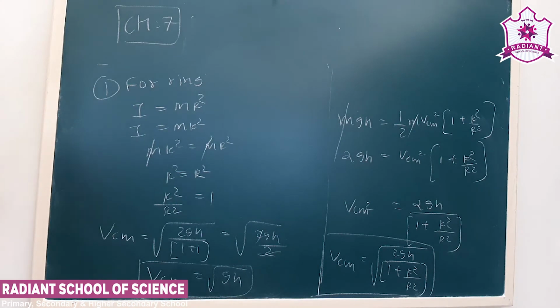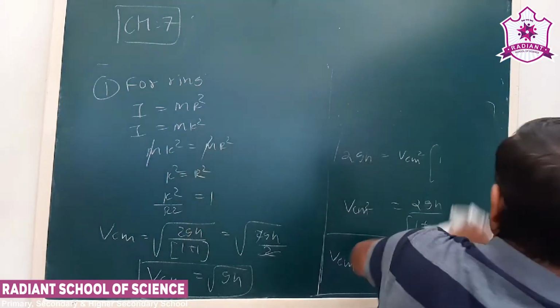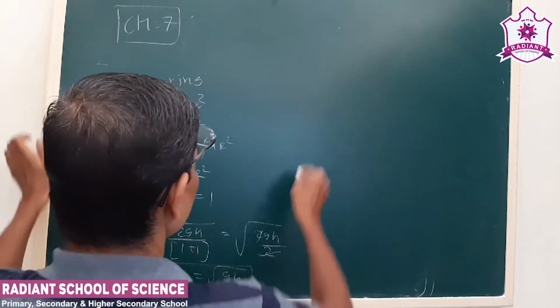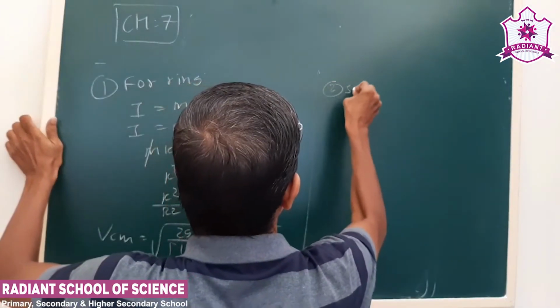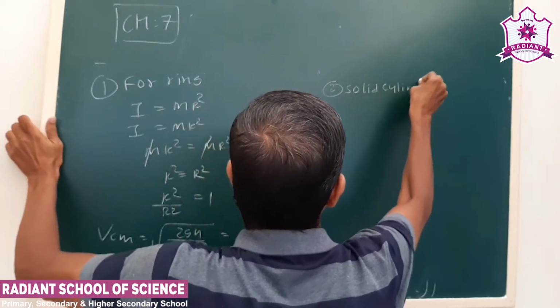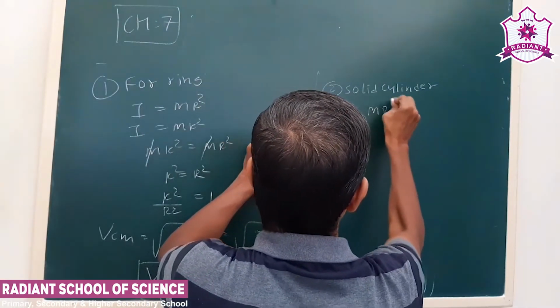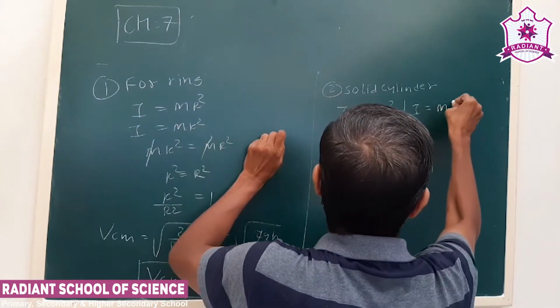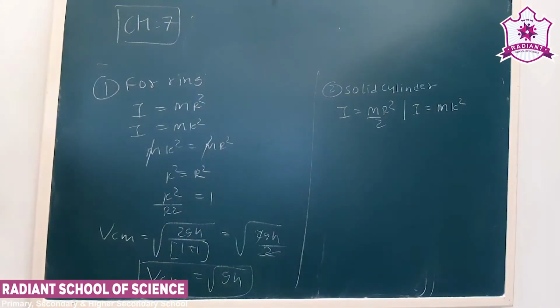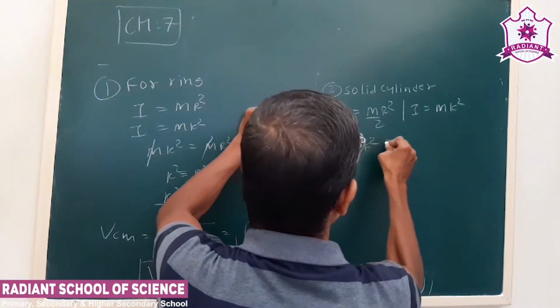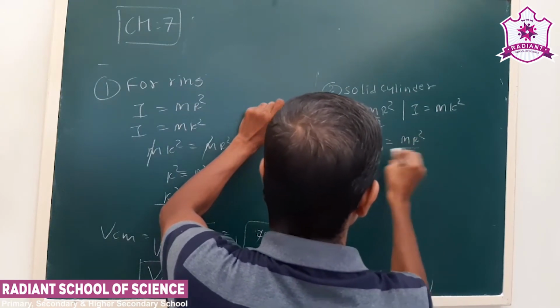Next we have to see the solid cylinder. In all such cases, we have to remember the value of the moment of inertia for different objects, so we have to keep that in mind. For a solid cylinder, I is equal to mR square by 2. Again, I is equal to mk square, so if I compare, mk square is mR square by 2.